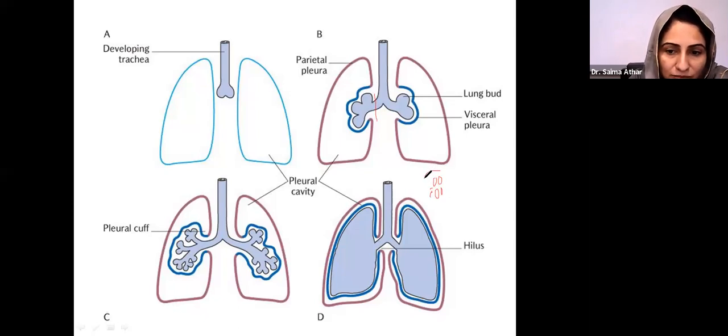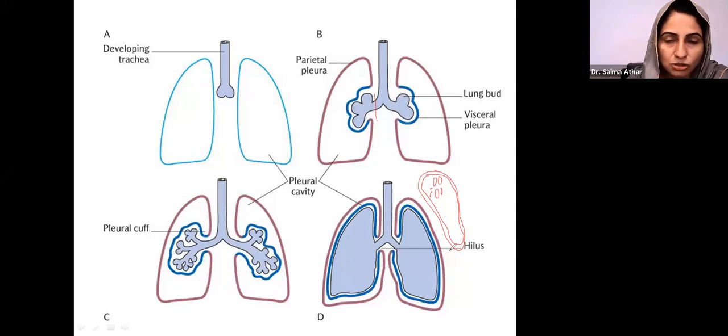What is pleural cuff? Pleural cuff is actually a double layered structure where the parietal and the visceral pleura are meeting. This is known as pleural cuff. Now this pleural cuff in reality is extending downward. Let me draw it again. The actual structure of the pleural cuff is like this. It is a double layer structure, because one is the parietal and another is the visceral layer, right?